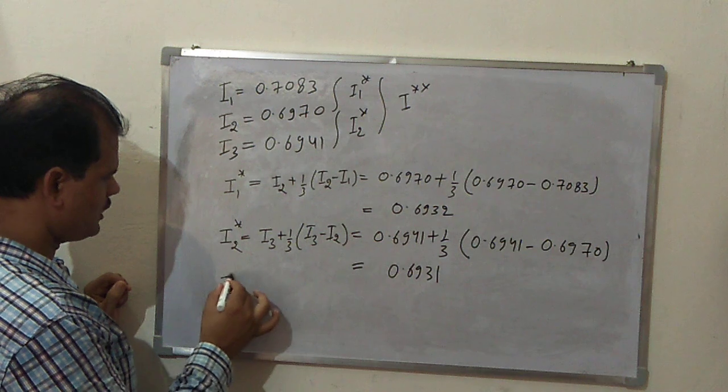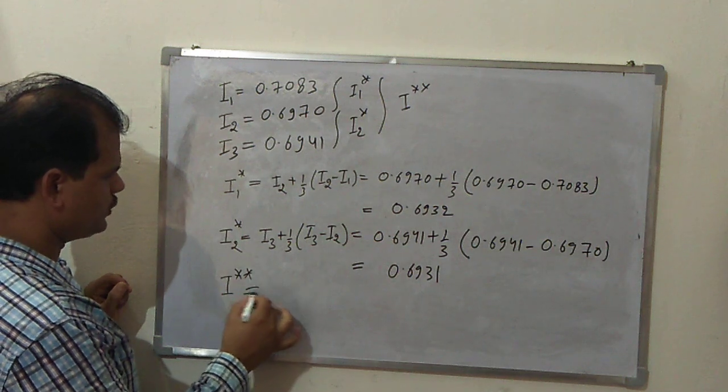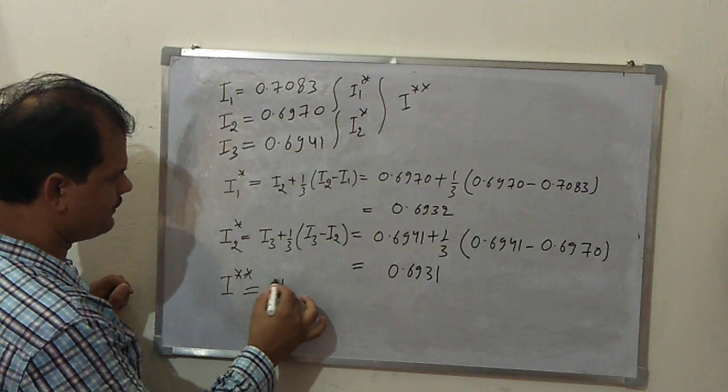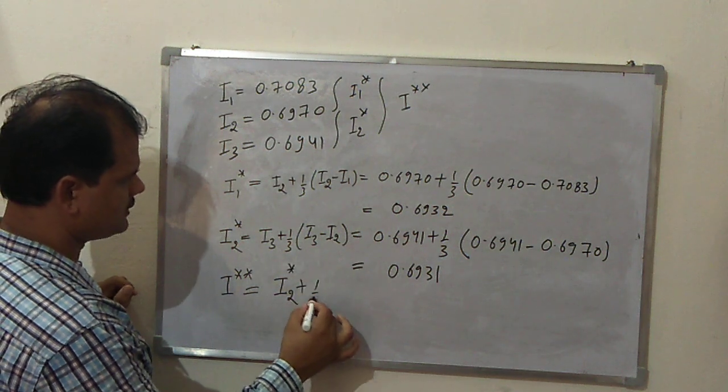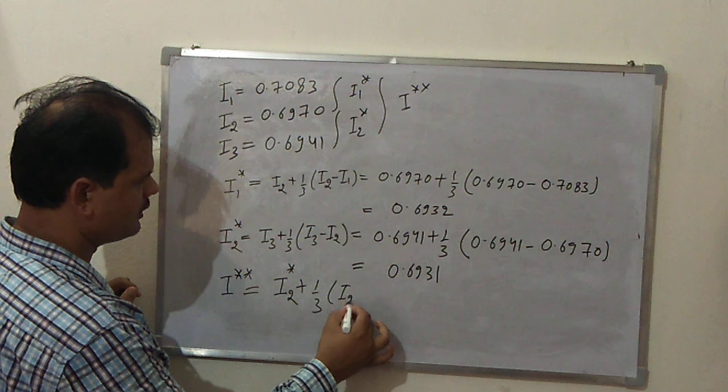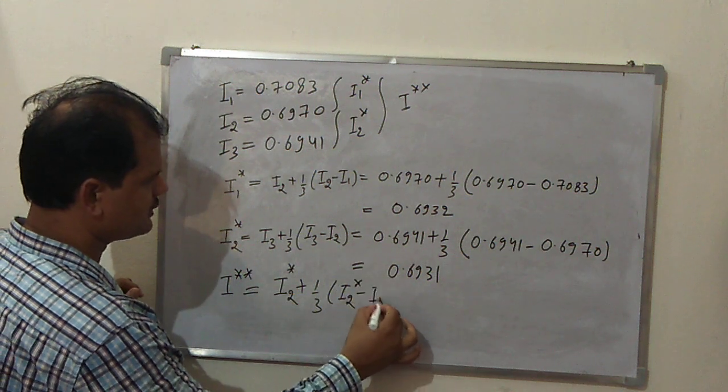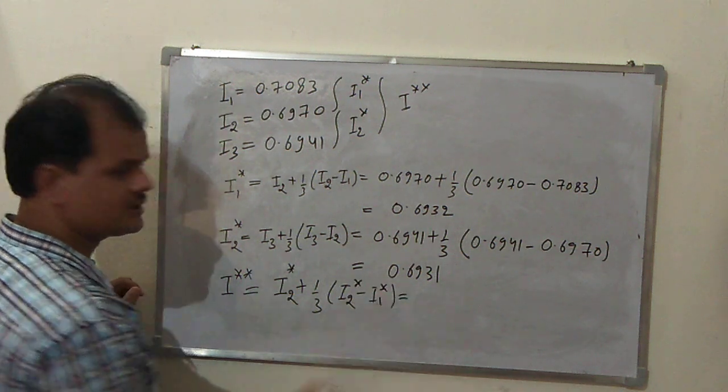Now your I star, the final solution, will be I2 star plus 1 by 3 times (I2 star minus I1 star).